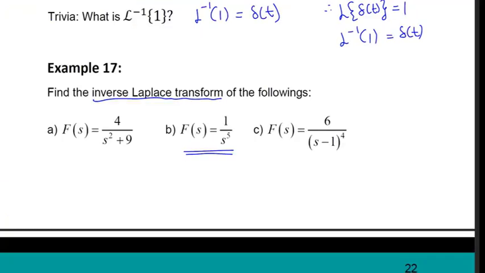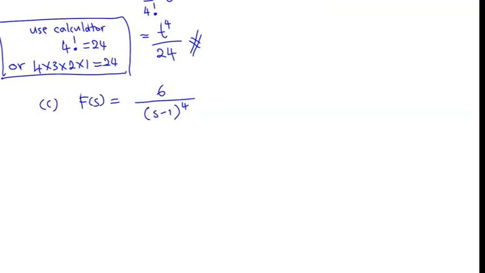Okay, now we look at example 17c. F(s) equal to 6 over (S minus 1) power of 4. Now look at C, F(s) equal to 6 over (S minus 1) power of 4. So this one is n factorial over S power of n plus 1.